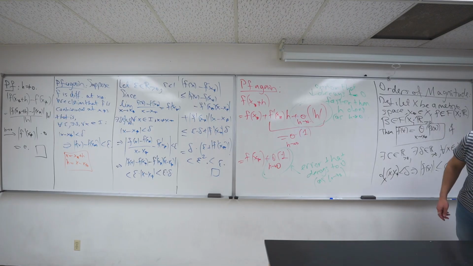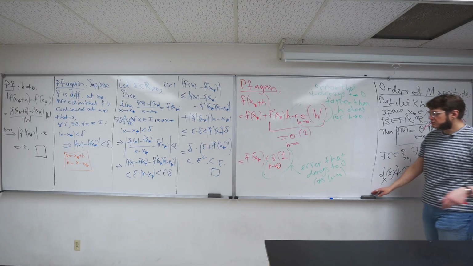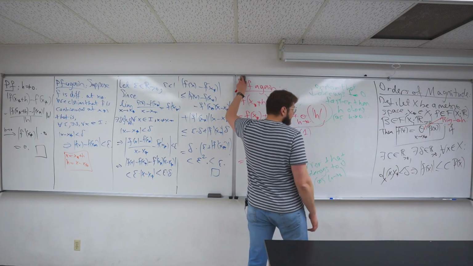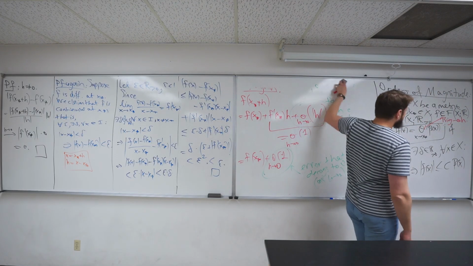This is not little o. This is big O. You would say f is big O of beta. So for instance, any polynomial with top degree, say 10, is big O of x to the 10.